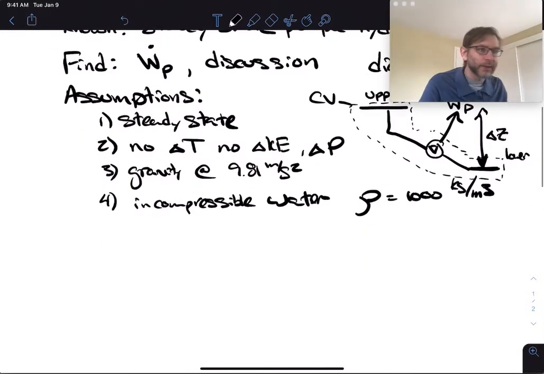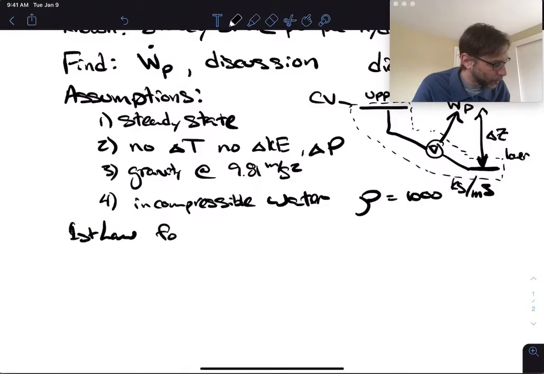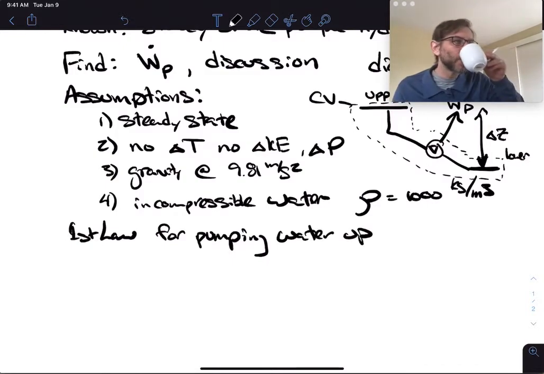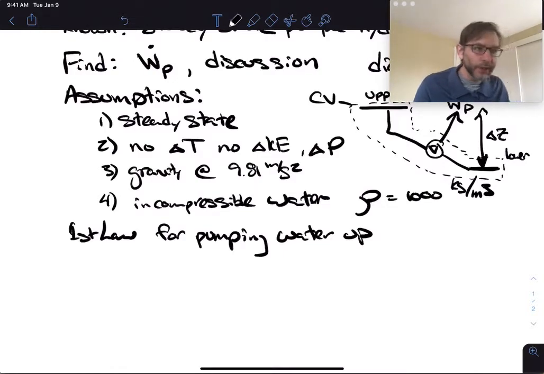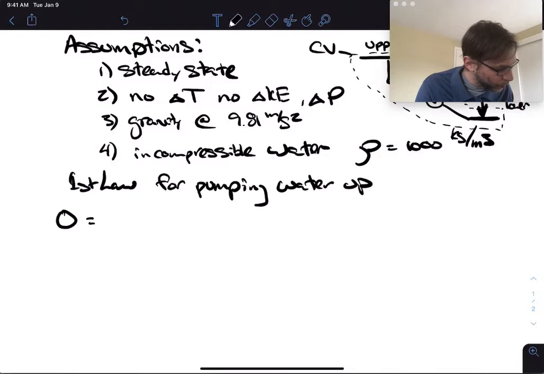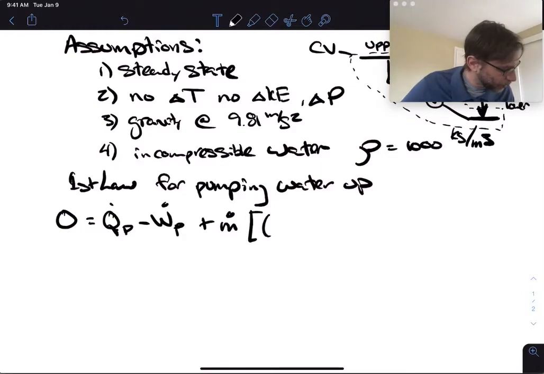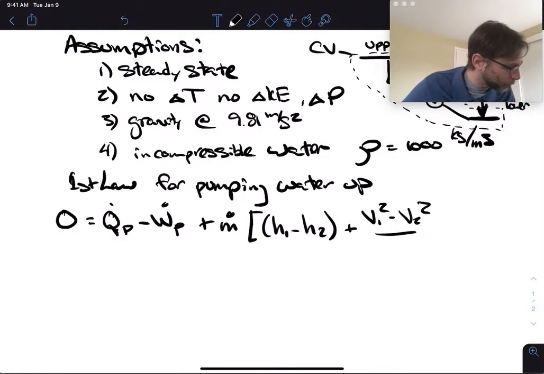Okay, so now let's solve this thing. Let's write the first law for pumping water up. It looks like this: 0 equals Q dot of the pump minus W dot for the pump plus m dot, which is the flow rate, times H1 minus H2 plus V1 squared minus V2 squared over 2 plus g times Z1 minus Z2.